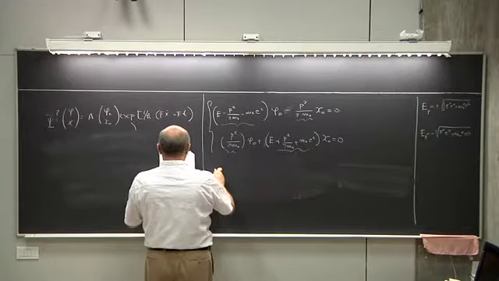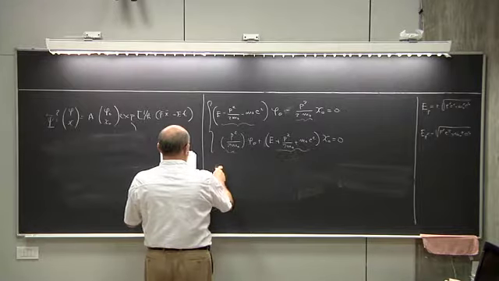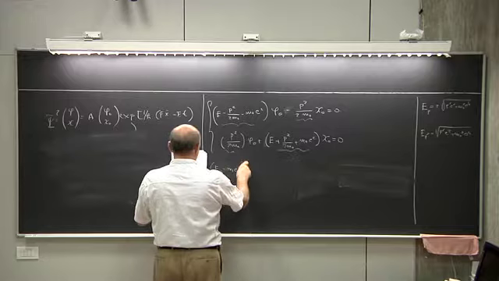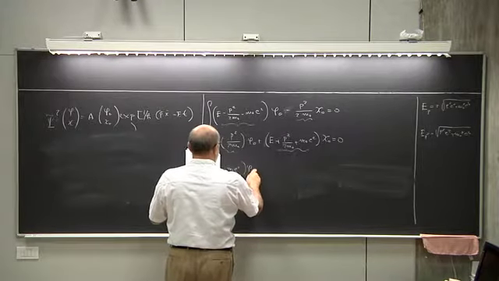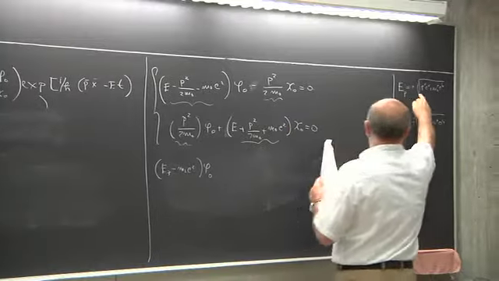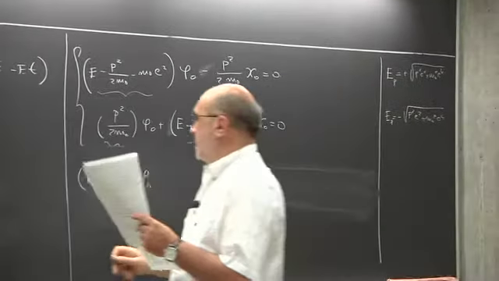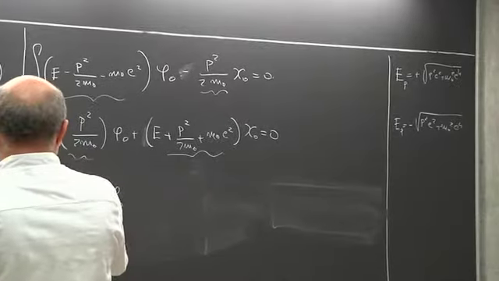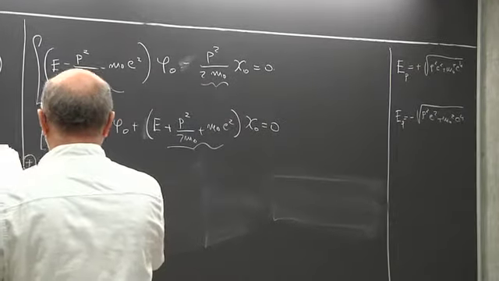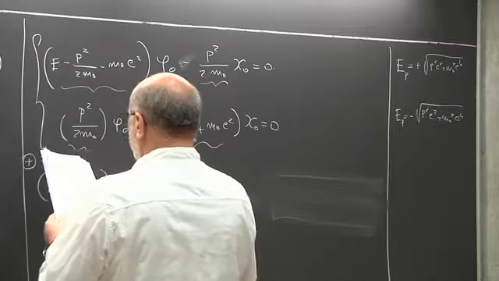For example, one of the equations is the following: E_P minus M0 c square times phi 0. Let me choose this solution, the plus, the positive E_P.